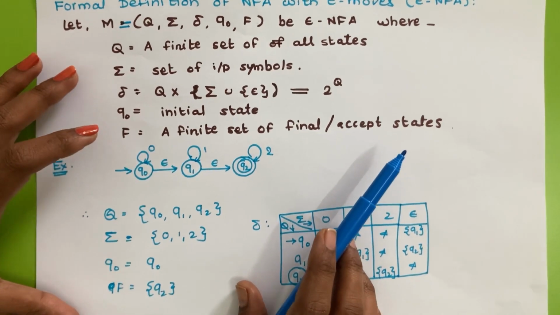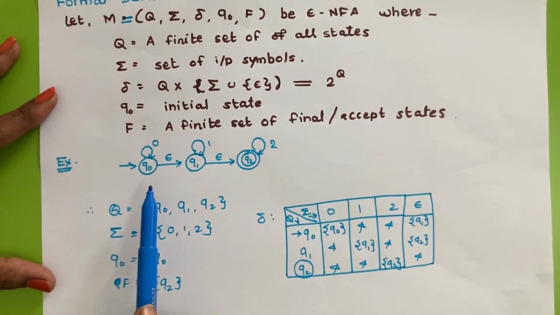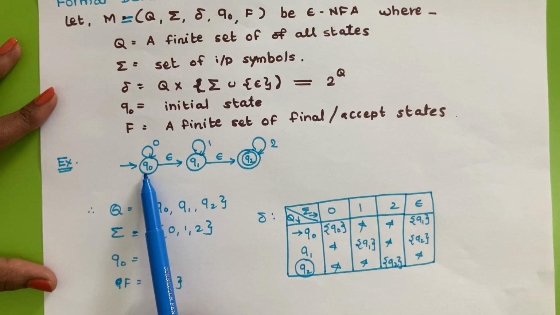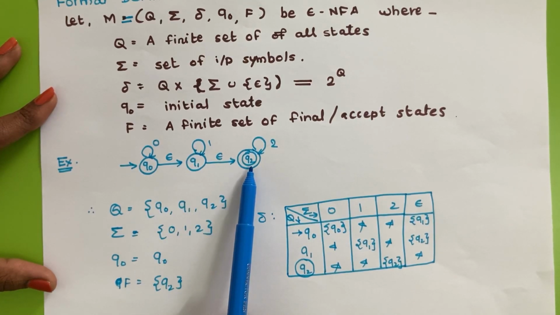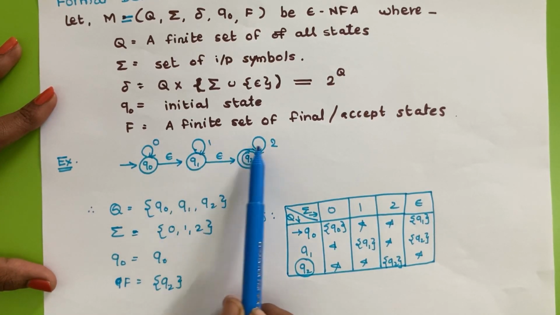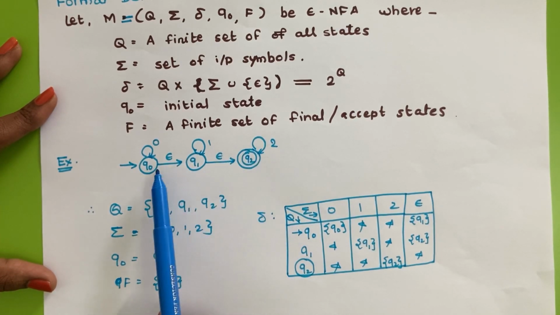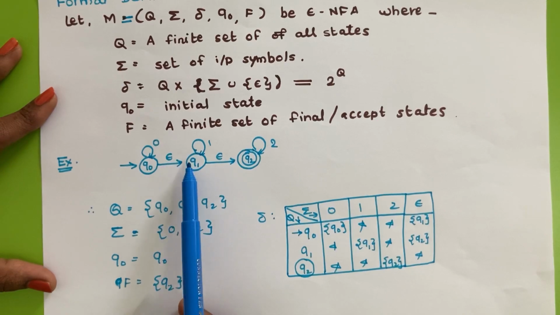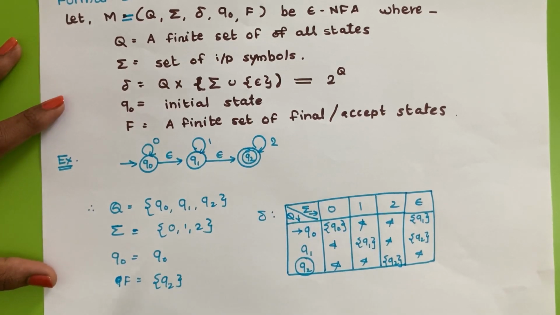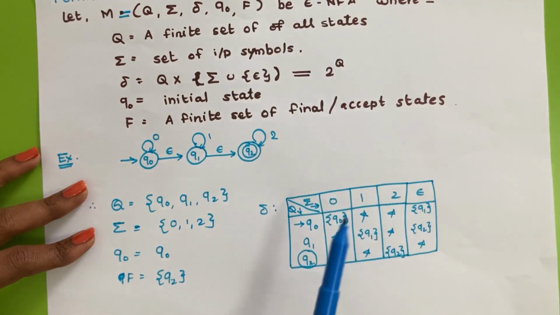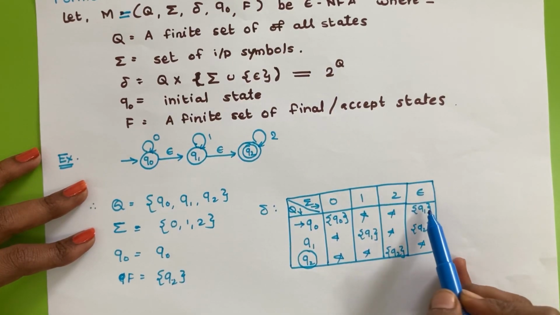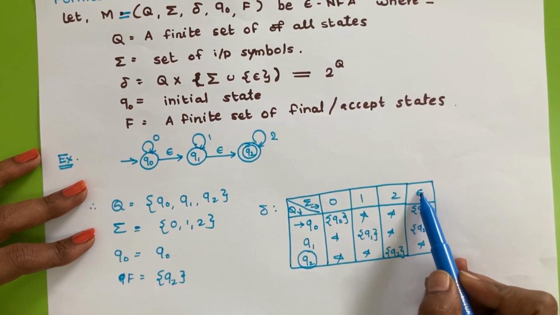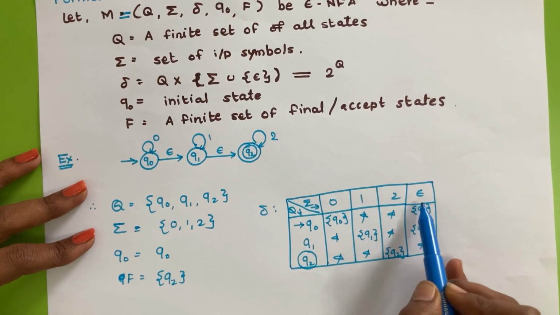Suppose we consider an example. In the previous example, Q0, Q1, Q2 are the states, and 0, 1, 2 are normal alphabets, and empty is an explicitly added alphabet. Up to this NFA with empty moves, we did not include empty in the alphabet set.